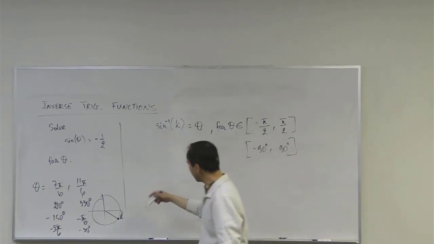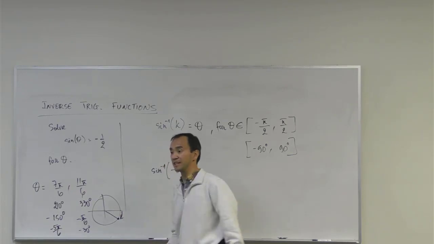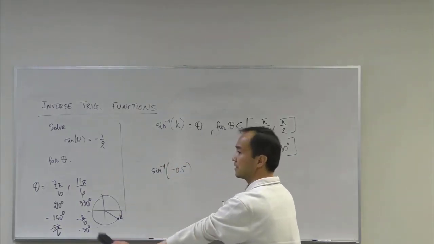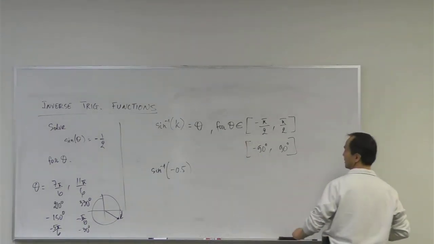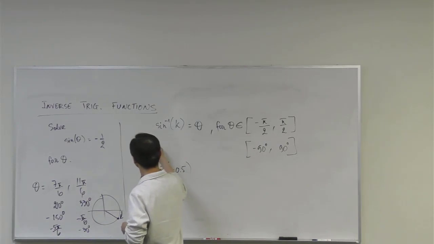So let's investigate this. Sine inverse of negative 0.5. That's the way it is for negative 1/2. Go ahead and run it. What kind of answer did you guys get? Keep your calculation in degrees.